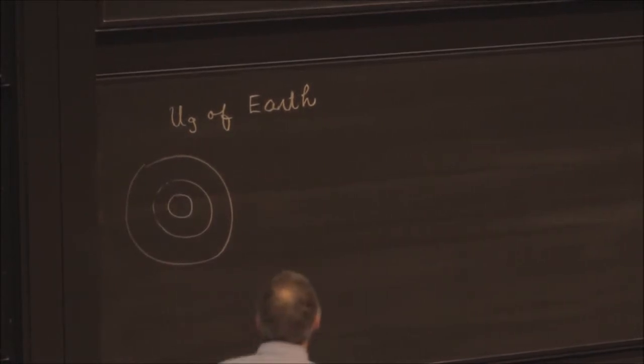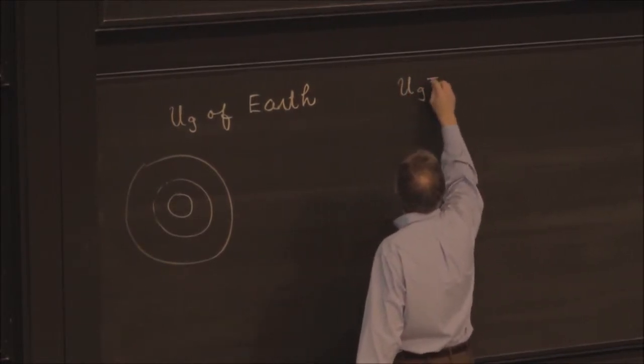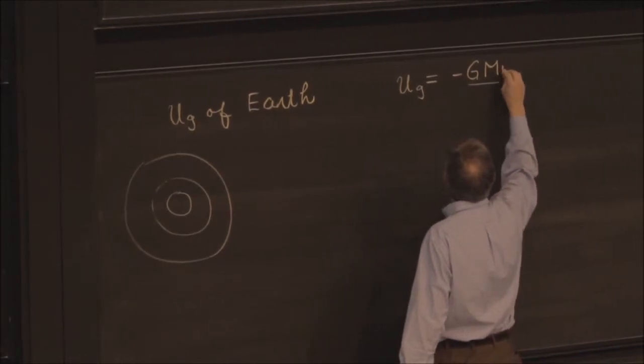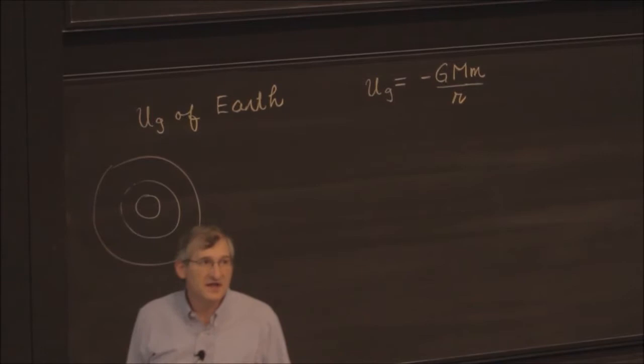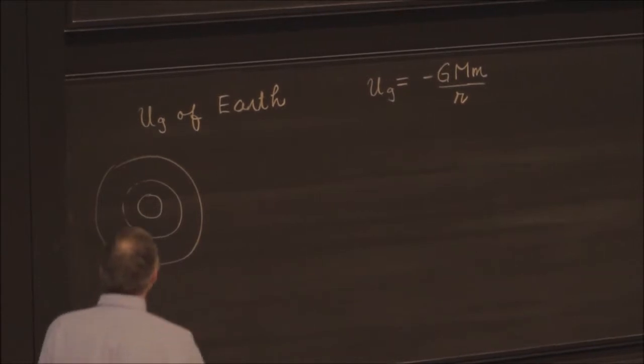The formula for gravitational potential energy is minus G m over r. But r keeps changing, and so does the amount of mass that I've already brought there. So I have to use calculus.